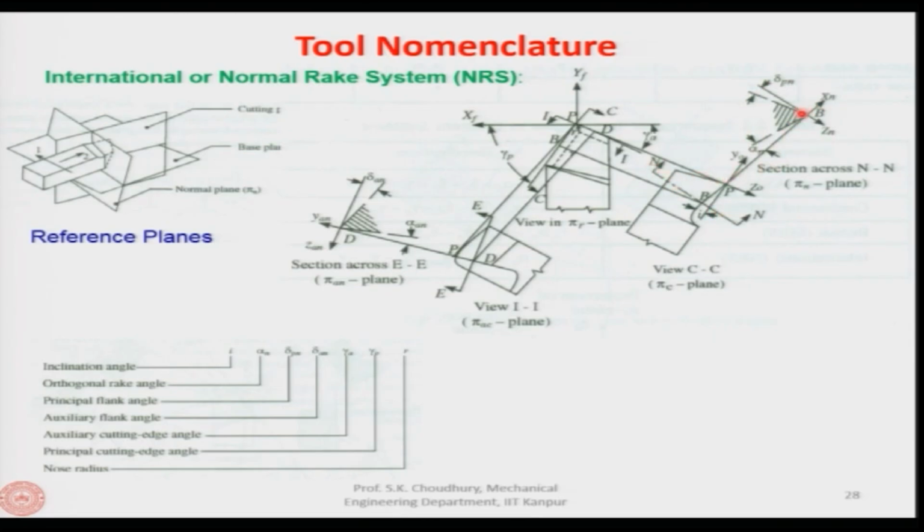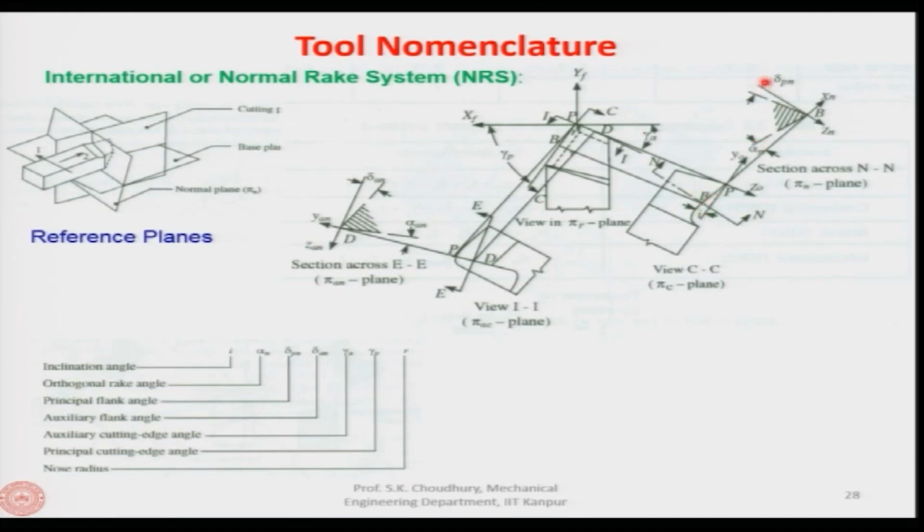In the NN section, what we see is the rake face here and the flank face here. This rake angle will be called the normal rake angle, because it is again in a plane which is normal to the cutting edge.